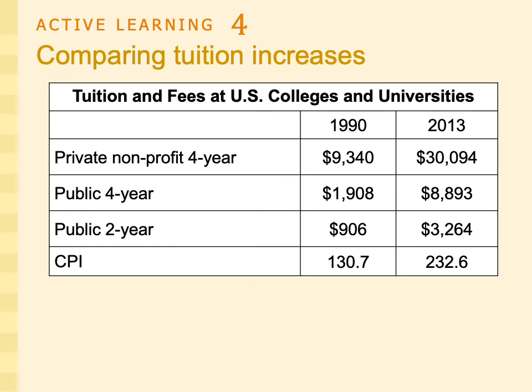All right, so let's do an active learning exercise here, comparing tuition increases over time. We're going to look at tuition and fees at U.S. colleges and universities, and the differences in 1990 compared to 2013, for different types of universities: a private, nonprofit, 4-year institution, a public 4-year institution, and a public 2-year institution. We also have CPI as a reference.